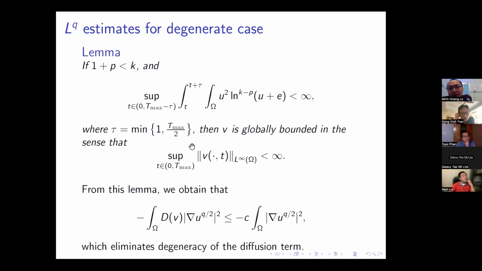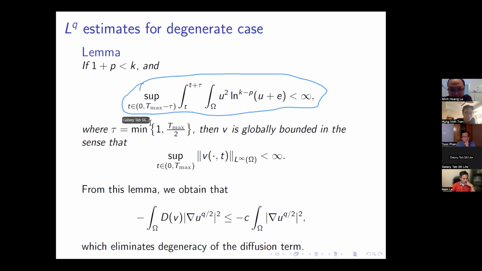So now we return to our problem. Remember that we have the u log u to the power k estimate for the non-degenerate case, and we do have this estimation for the degenerate case. If we have this estimation, then combined with the previous proposition, we can show that V is globally bounded.